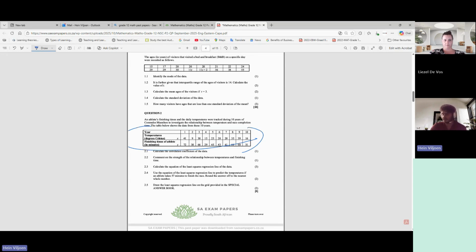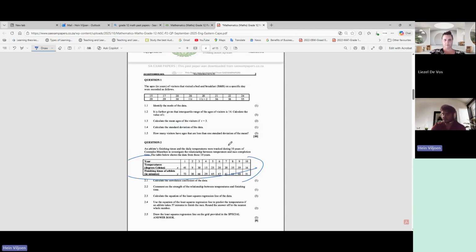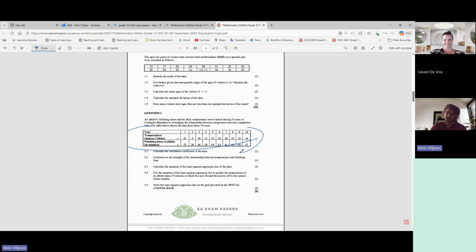Now, another thing with stats which I hate about stats is that you can do the formulas manually. You don't need a calculator to do it. If you know your formula, sub the values in. But now, compare the answers that you get manually to the answers you get on a calculator. Completely different. Why? It's in the way that the calculator does it.